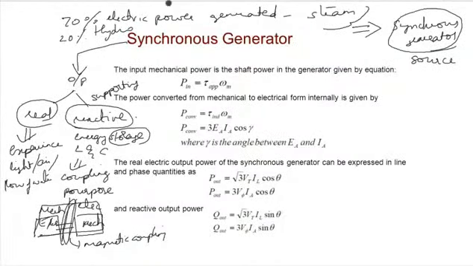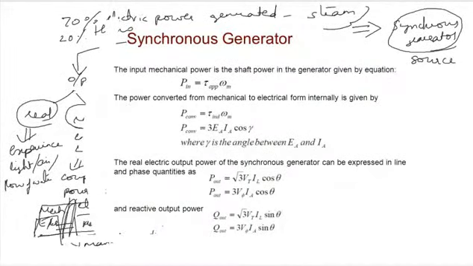So let me come to the equations part. This is the practical understanding of real and reactive power. Now in the equations, the input mechanical power is the shaft power in the generator, and it is taken as tau applied into omega m.